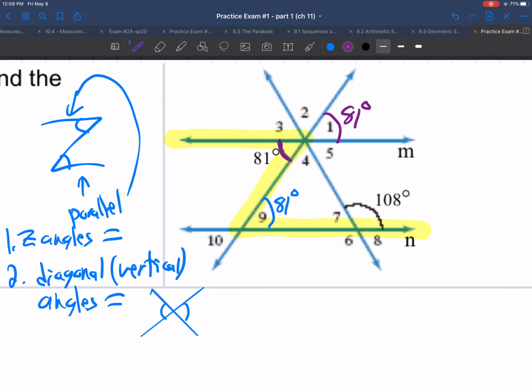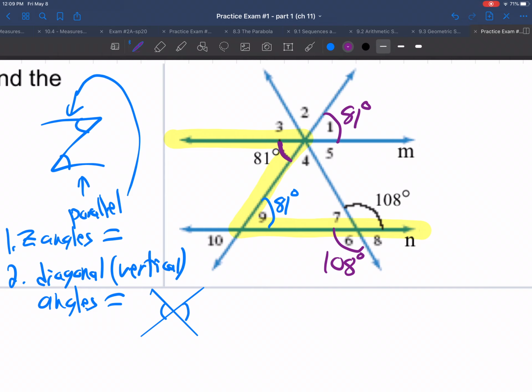See the two lines that make them, this line and that line, those are diagonal. So those have to be equal. And same thing down here, 108, this one has to be 108 because they're diagonal. So that's the second fact we can use.